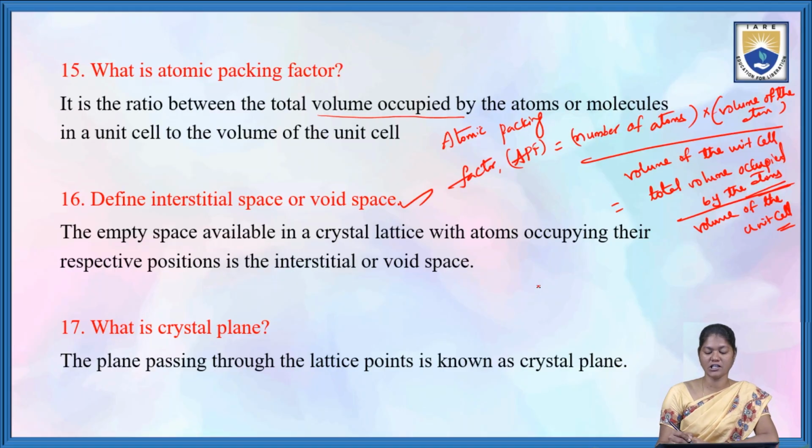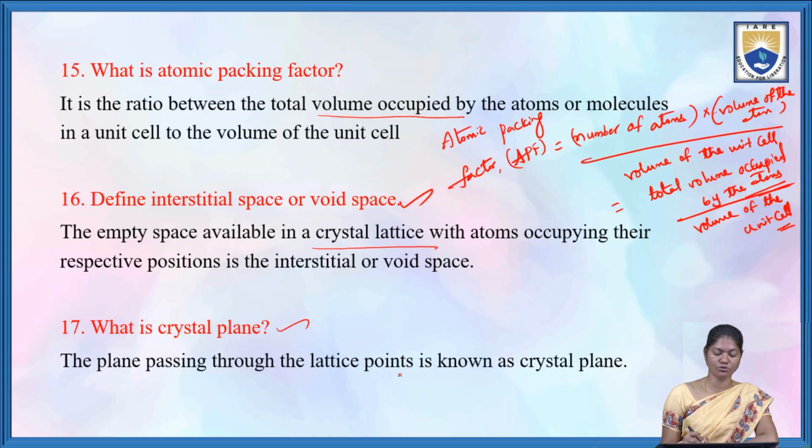So if in the simple cubic, suppose 52% of the space is occupied by the atoms, the remaining space is void space. So the empty space available in a crystal lattice with the atoms occupying their respective positions is the interstitial or void space.